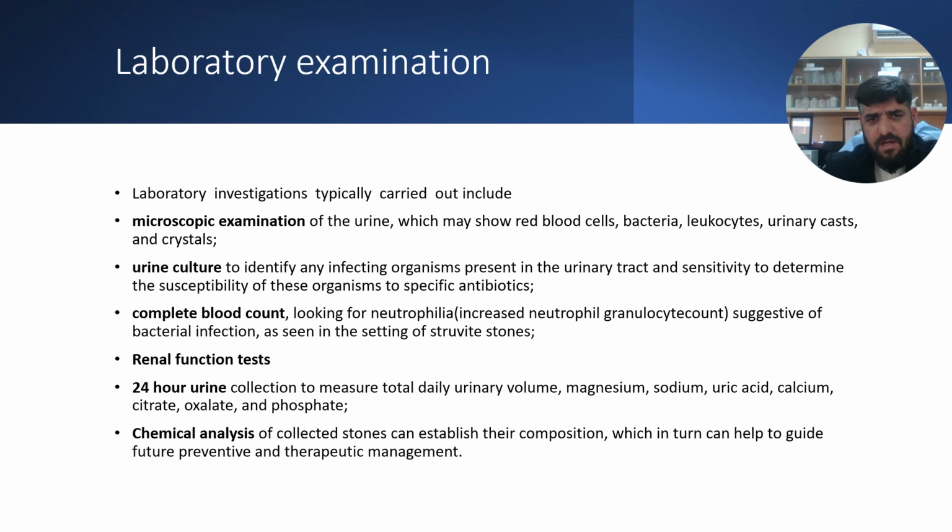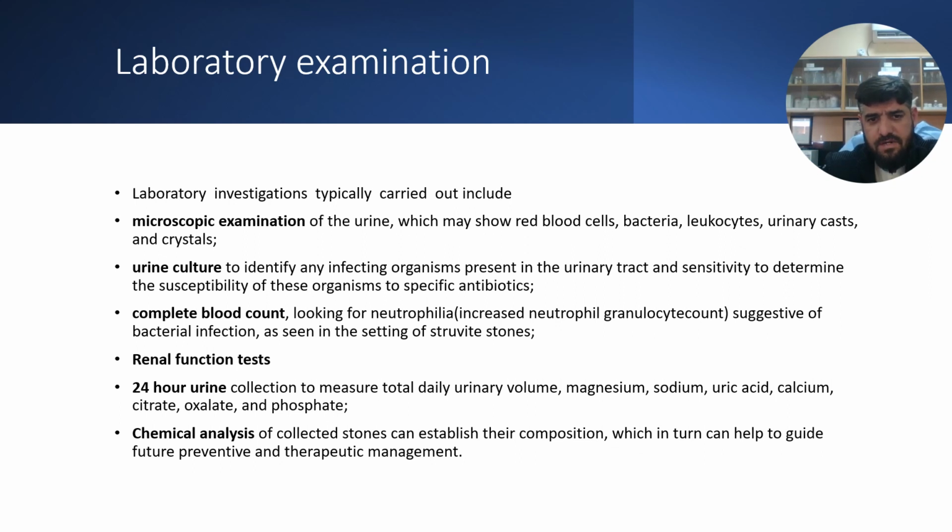Following are some of the laboratory investigations which are carried out in a patient suspected with urolithiasis. The first one is microscopic examination of the urine, which may show red cells, bacteria, leukocyte, urinary cast, and crystals. Urinary culture is carried out to identify any infecting organism present in the urinary tract and sensitivity to determine the susceptibility of these organisms to specific antibiotics.